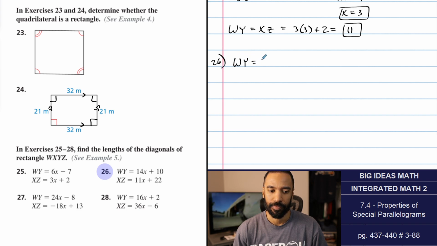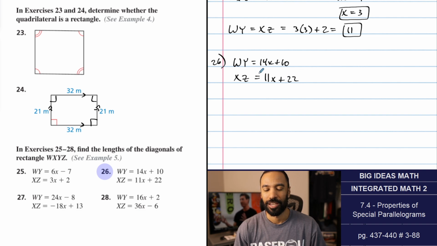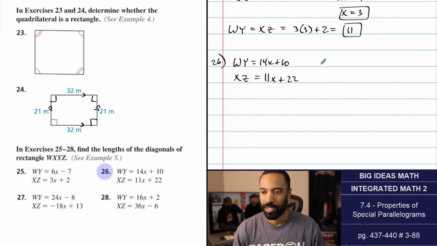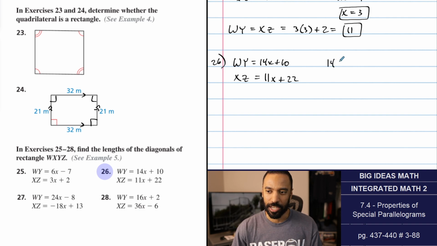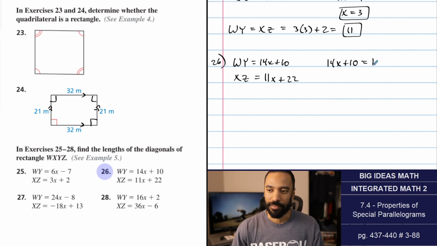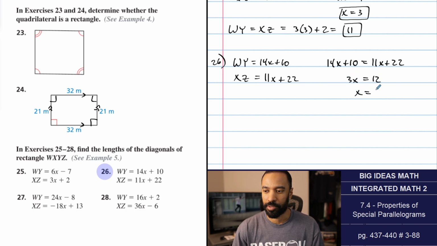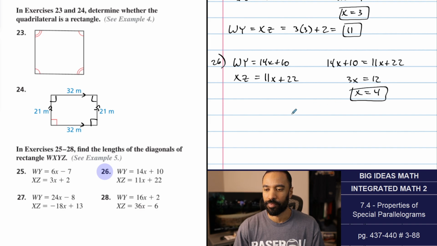WY is 14x plus 10. XZ. What I don't like is when they have x as a variable and x as a vertex angle label. So 14x plus 10 equals 11x plus 22. Subtract 11x, subtract 10, divide both sides by 3.